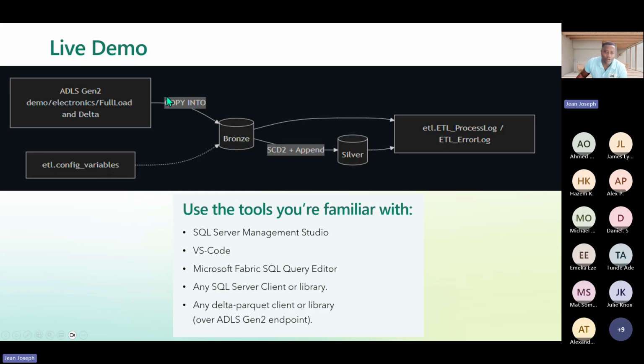We will rely on COPY to move that data and use Microsoft Fabric data pipeline for automation. So in order for you to execute the code, you are free to use any of these IDEs. For me, I will rely on SQL Server.